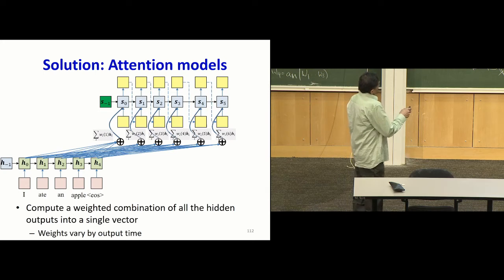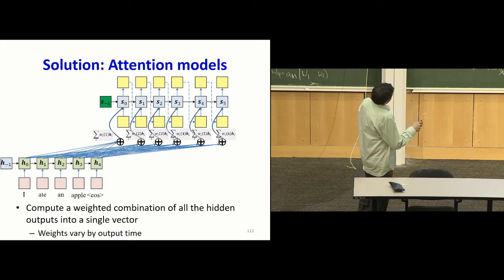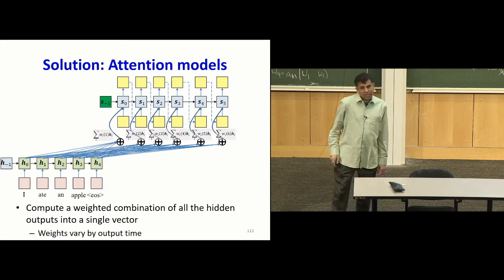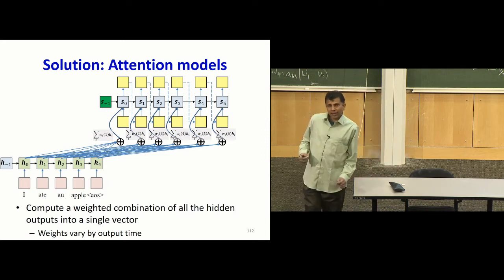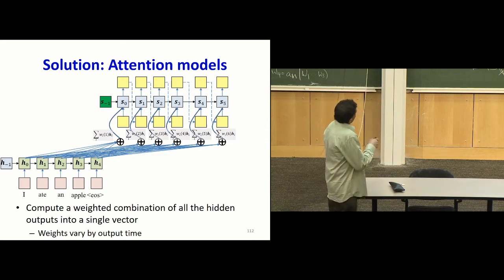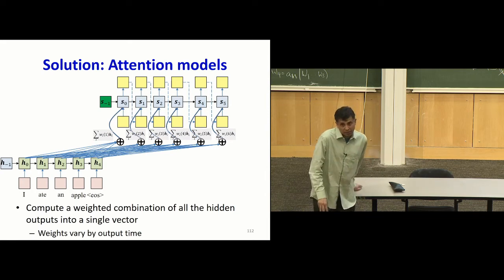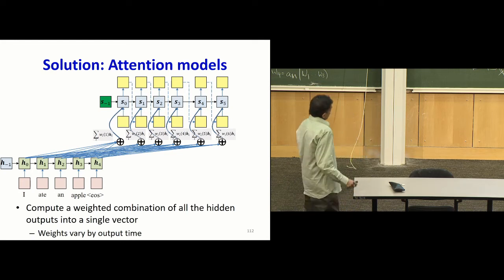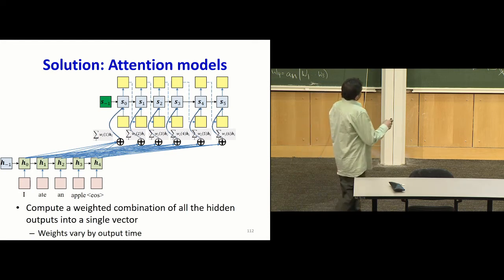At each time, the hidden units of the decoder are going to get as input a weighted combination of all of the hidden representations produced by the encoder.